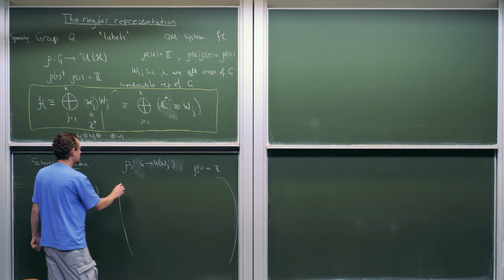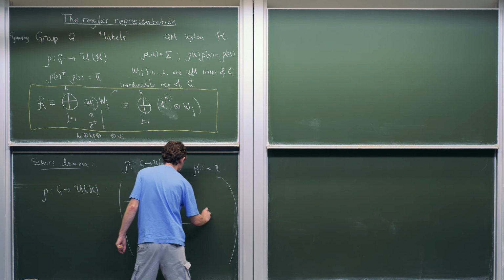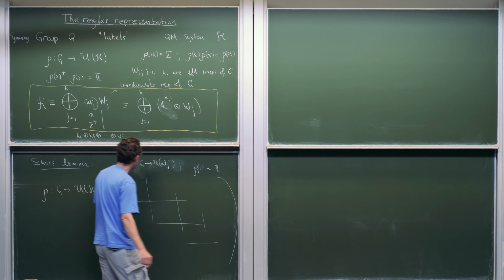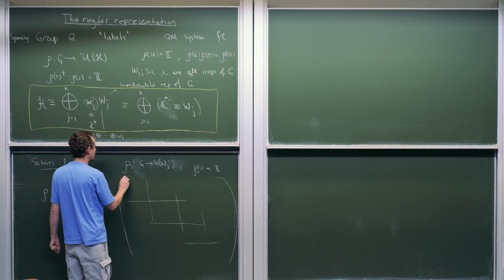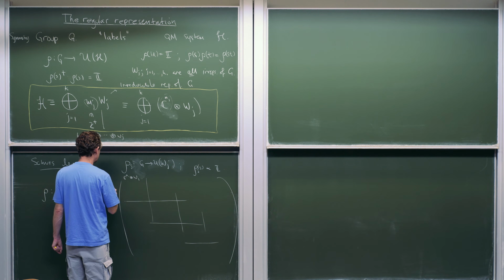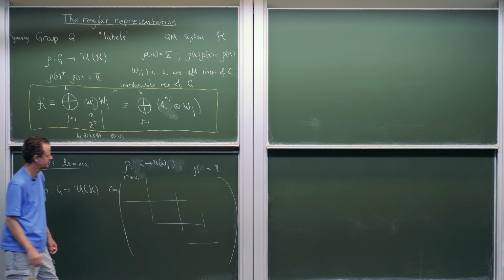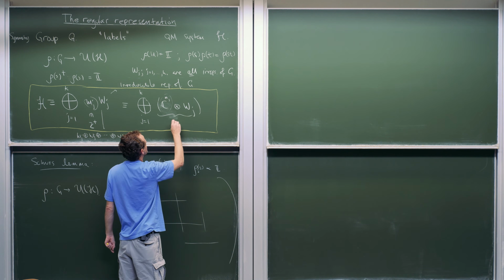I'm going to take a block decomposition of this matrix. Here we've got C to the m1 tensor W1. We've got a direct sum. We could call these, I don't know, Yj.